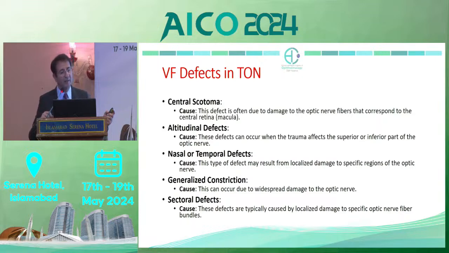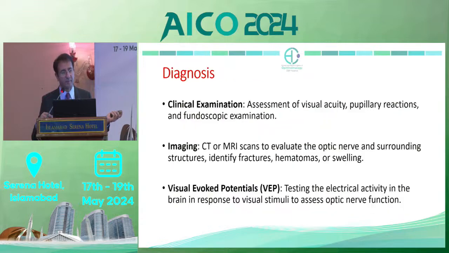So there may be central scotoma, altitudinal defects, nasal or temporal defects, generalized constriction or sectoral defects. So if we are suspecting, we must go for a visual field scan to give us a clue what type of injury has happened.